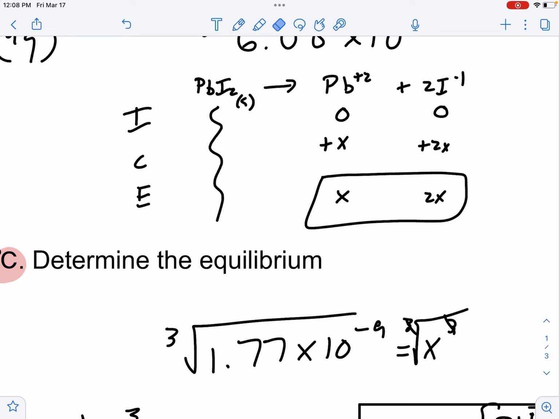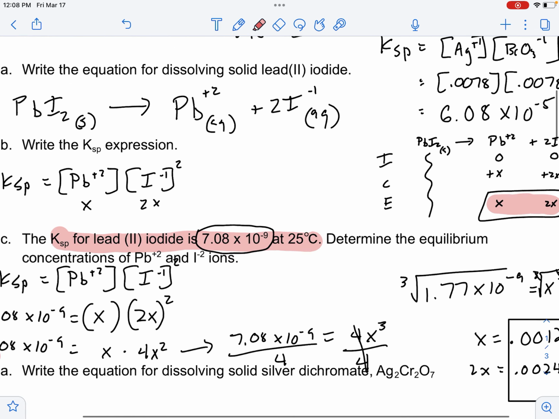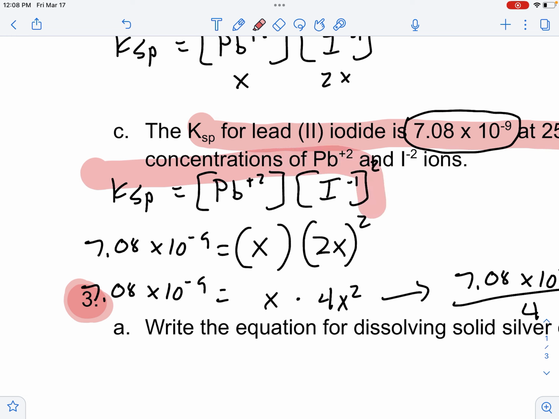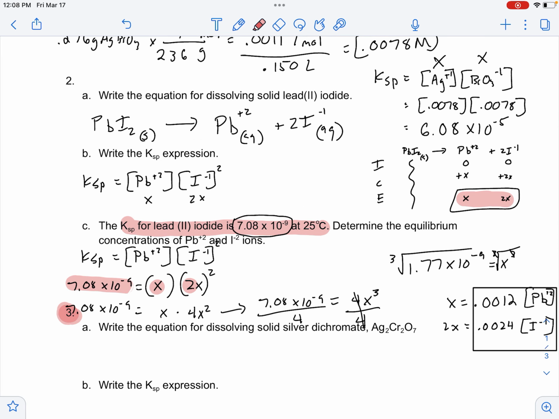And once we established our x and 2x for PbI2 in terms of their values, we plug them into our KSP equation, which we have right here. Now, KSP being provided, we were just plugging that in, and then the x and 2x are what we gathered from the ICE table.